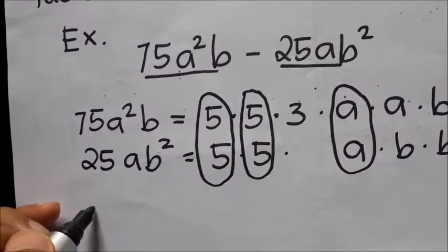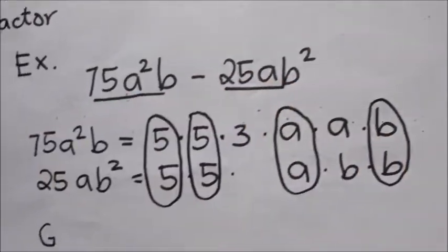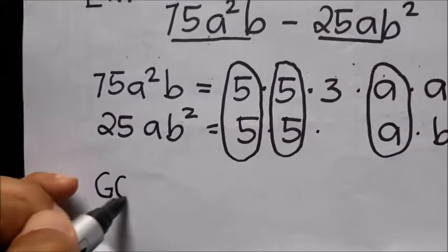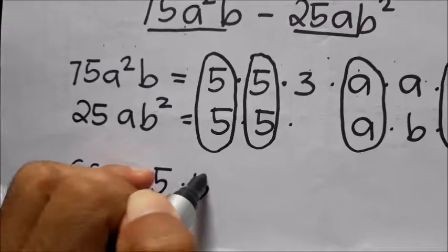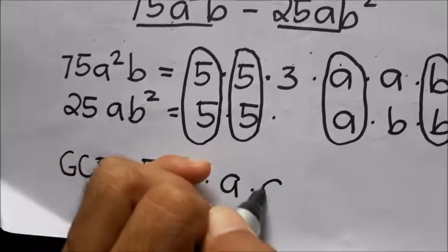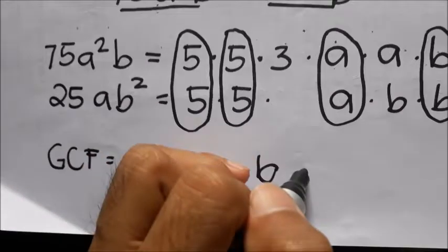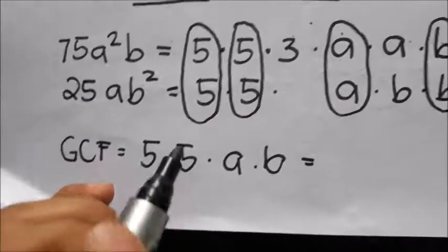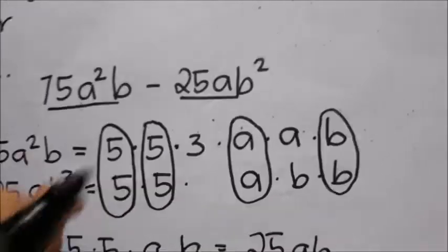So, meron pa pala. We have here B. Okay, so the greatest common factor is 5 times 5 times A times B. Oh, sorry. Okay, so the greatest common factor is 5 times 5 is 25ab.